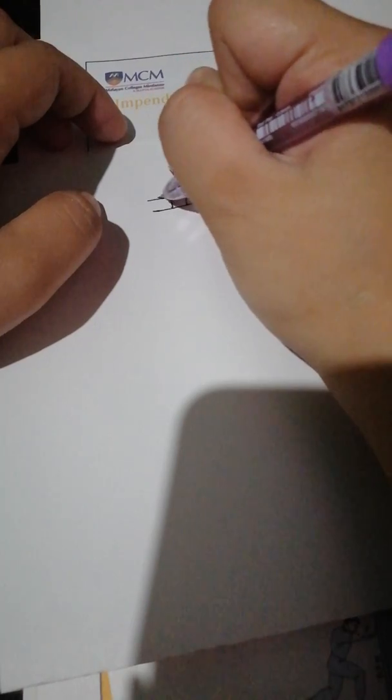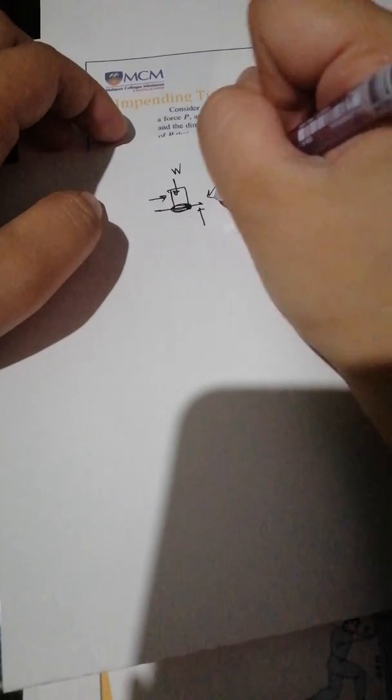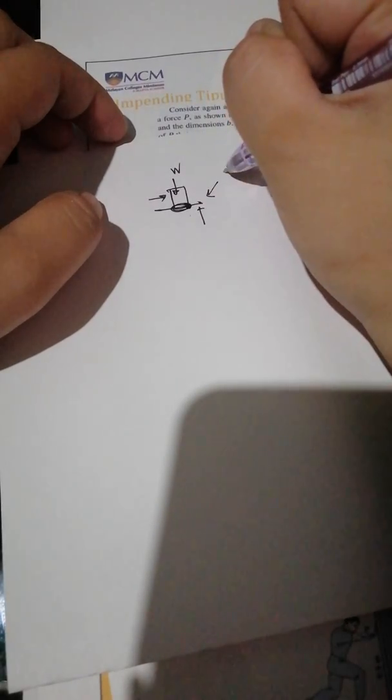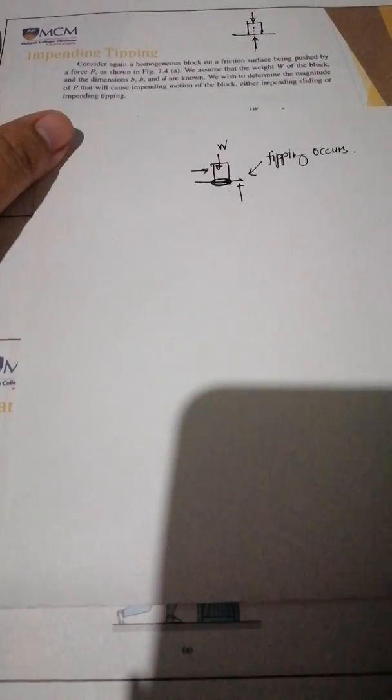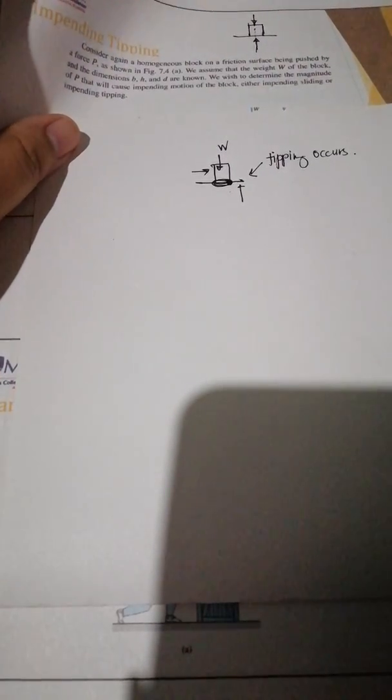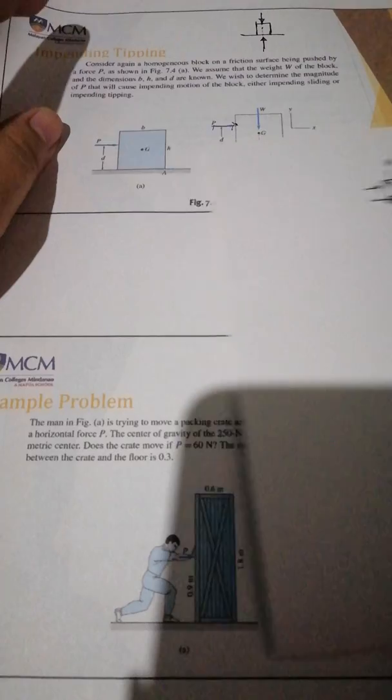For example, if we solved this system and found out that the normal force actually acts outside of the contact area and beyond the corner of tipping, then this is the situation when tipping occurs. That is how we could analyze if the object is tipping.